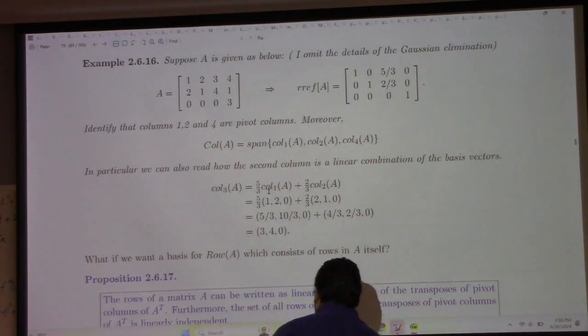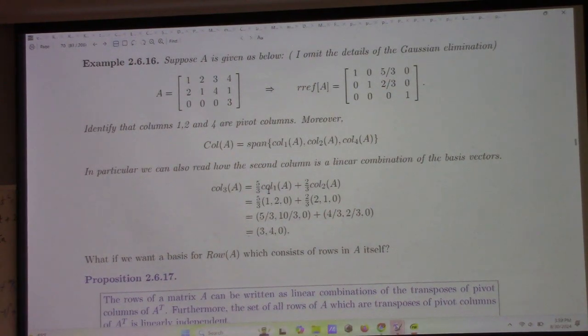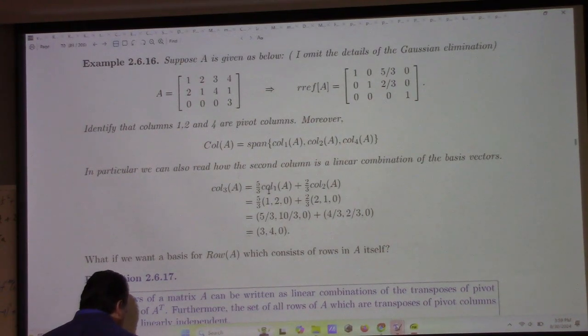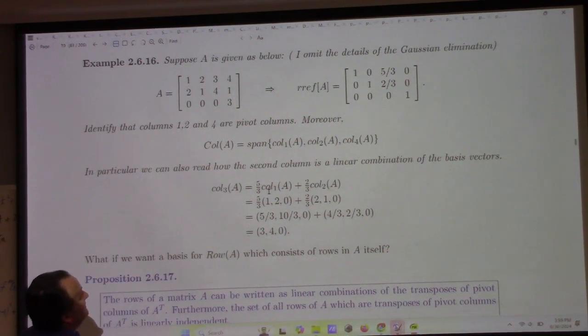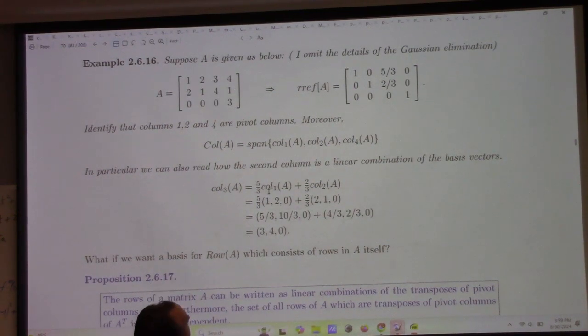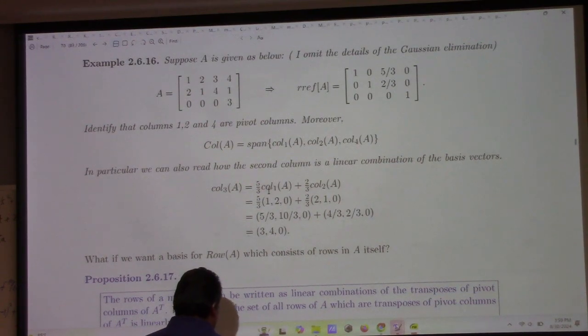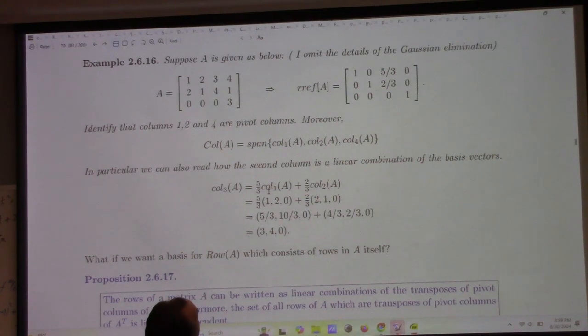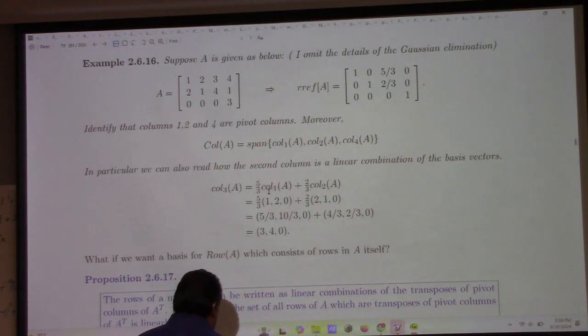If we look at AX equal to 0, X is a 4-component vector, so X1 is minus 5/3 X3, X2 is minus 2/3 X3, X3 is X3, and X4 equals 0.